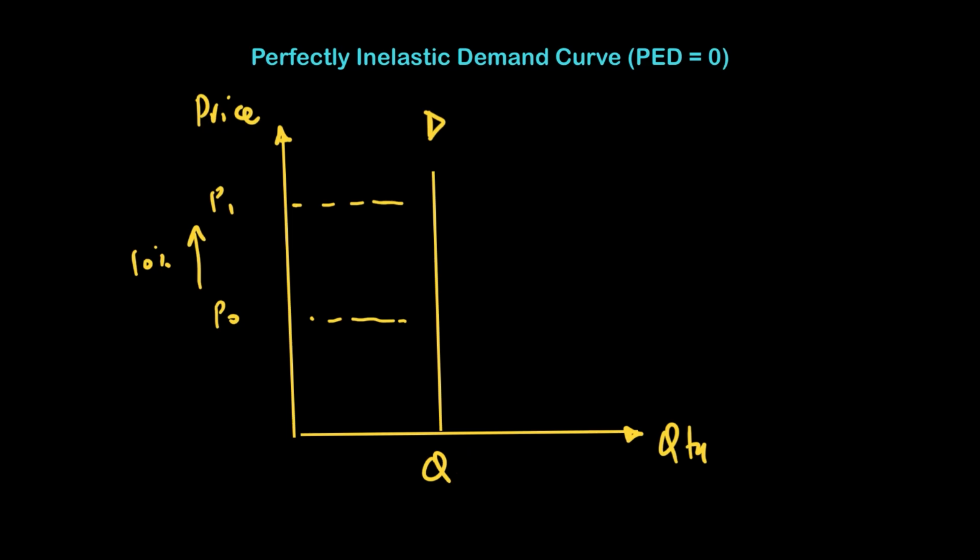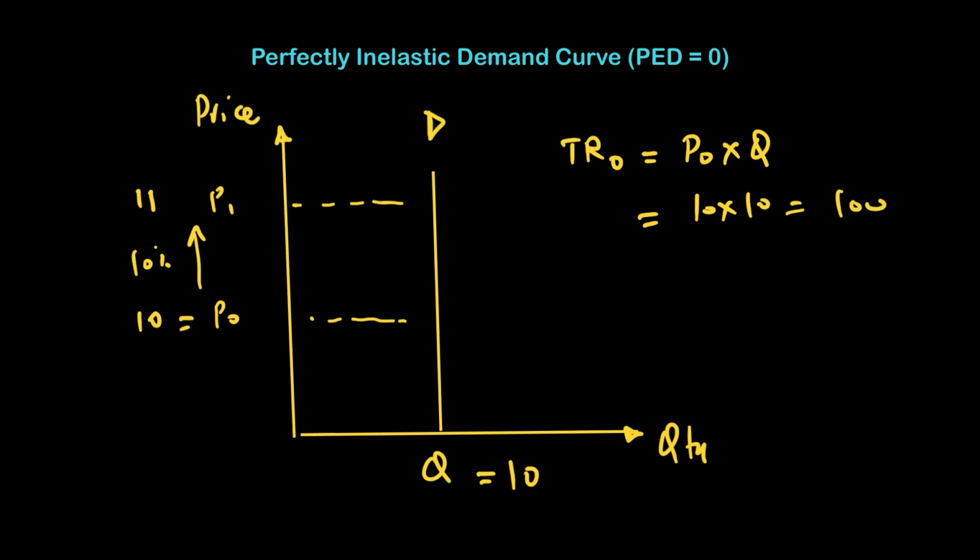So for example, if the quantity is 10, and the price was also 10 before, the revenue before, TR naught, was P naught times Q, which is simply 10 times 10, or 100.